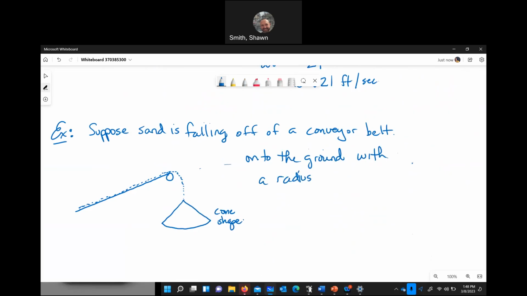With a radius that is always 3 times its height. So basically the speed of the belt is determining that radius down here. Always 3 times its height.